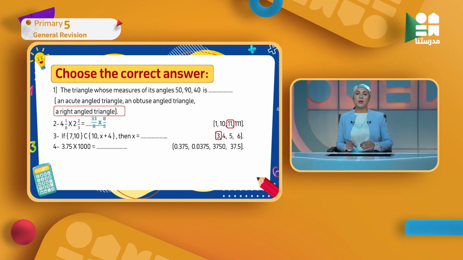3.75 times 1000. Again, we said when I multiply or divide by 10 or 100 or 1000 I have certain steps to follow. If it's multiplication, I will move the decimal point to the right-hand side. If it is division, then I will move the decimal point to the left-hand side. How many decimal places will I move it?